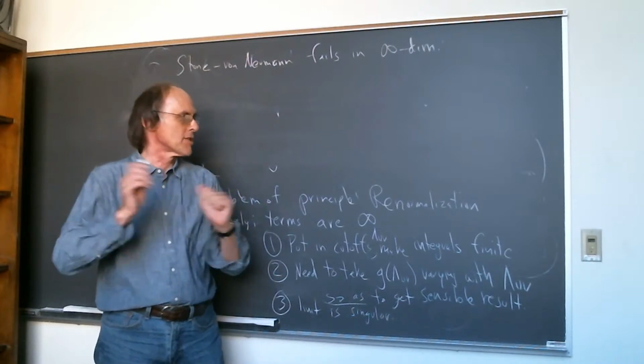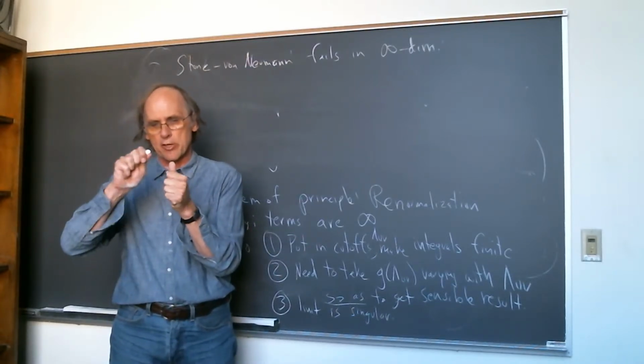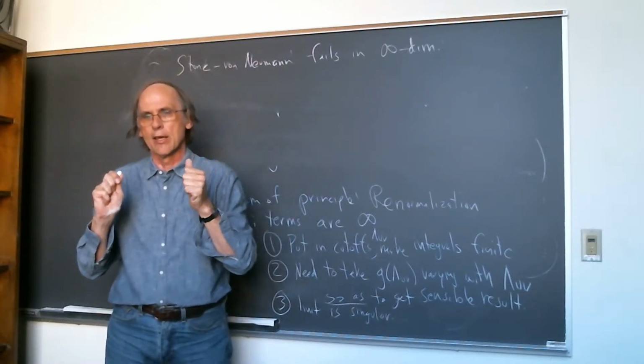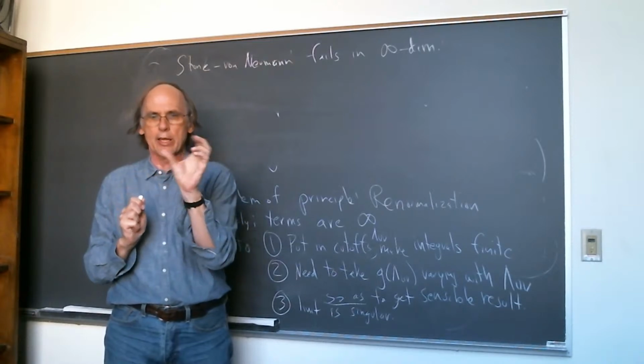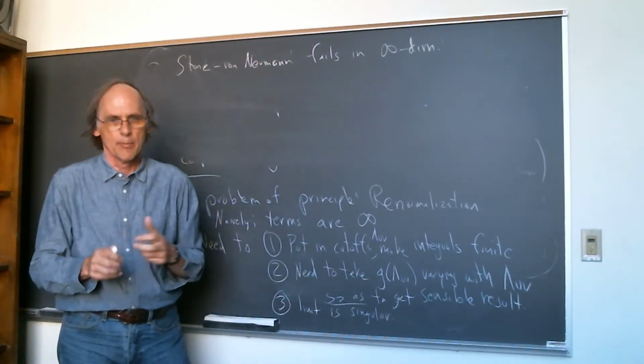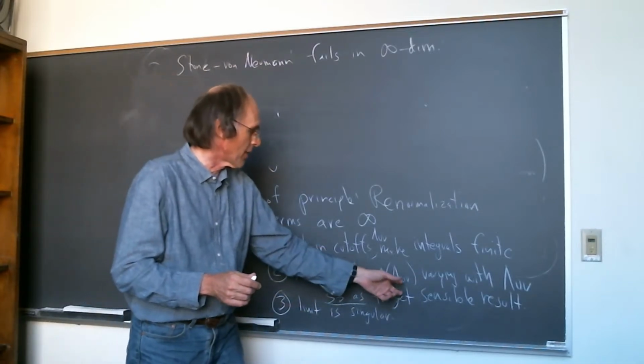Then you use the perturbation expansion to deal with the fact that these oscillators are interacting, and if they're interacting fairly weakly, the perturbation expansion can be good, and you can do the calculation.